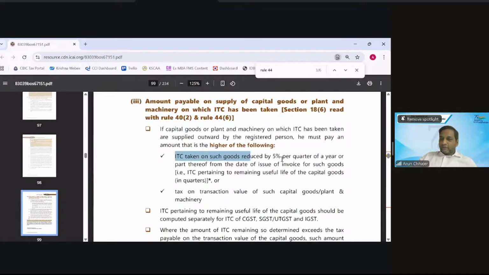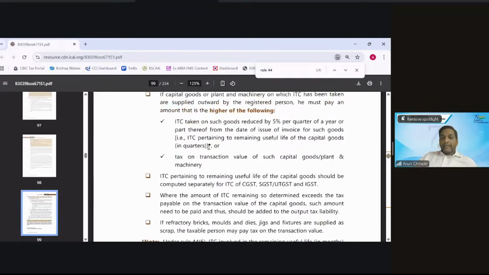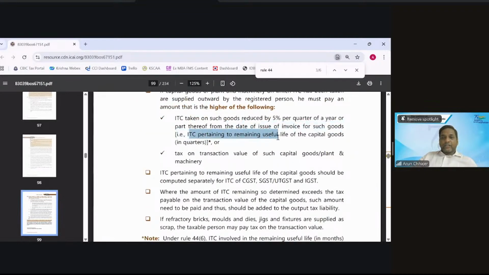ITC on capital goods reduced by 5% per quarter or part thereof from the date of invoice, that is ITC pertaining to the remaining useful life in quarter. Remaining useful life in quarter. Tax on the transaction value.